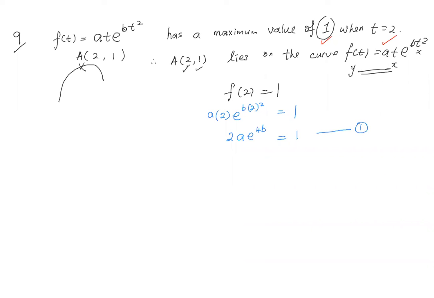So you got 2 unknowns. You must have 2 equations. One equation cannot solve. You need another one to sub into the equation. So what should I do? I haven't used this information yet, the maximum value.